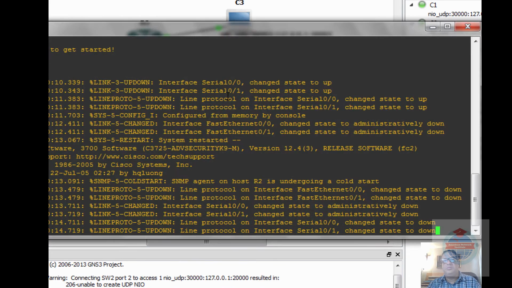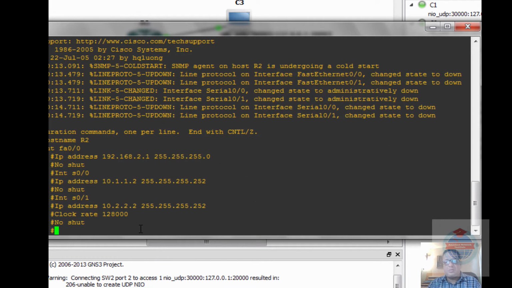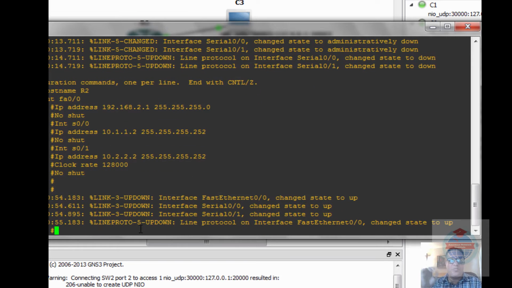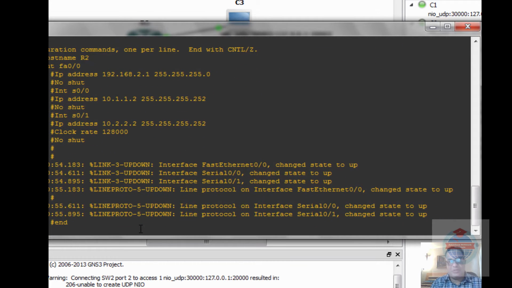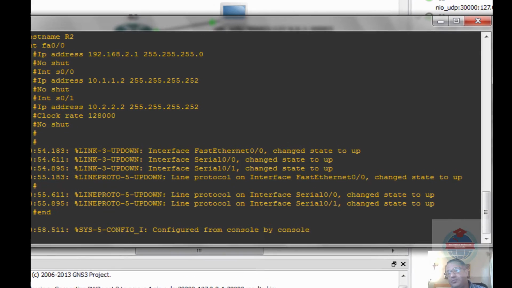Console. And everything is up, as you could see over here.